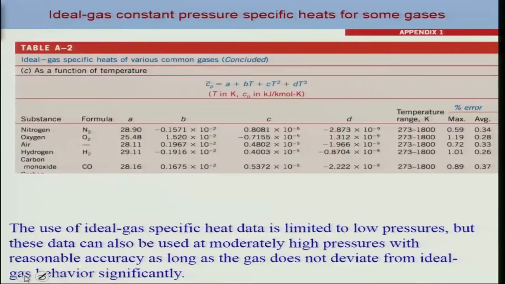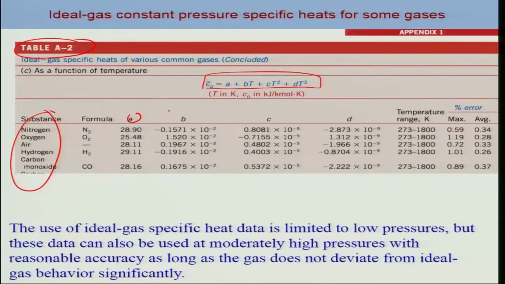Let's take a look at the different ways to make use of specific heats. This is one way to represent specific heats. As I said, you can fit these variations as a function of temperature by this third order polynomial, and these are tabulated in Table A2 for certain substances. I haven't given the complete list of substances, so you can look at Table A2 for the complete list.